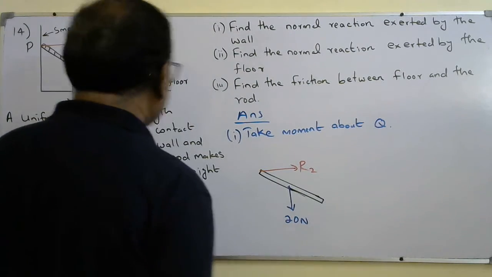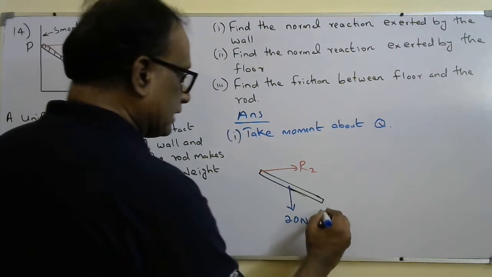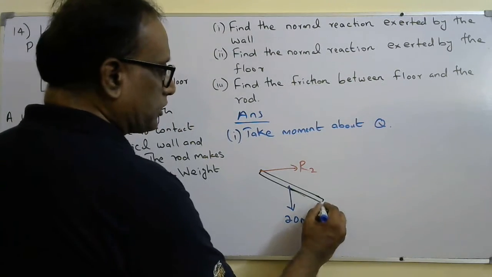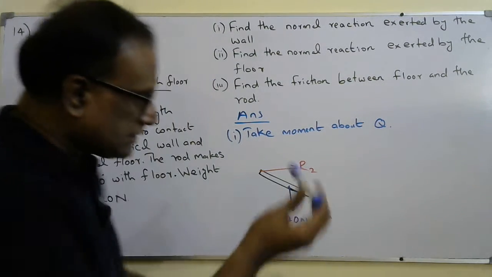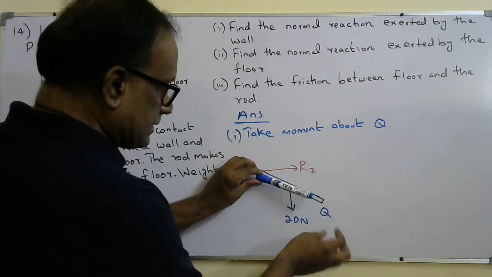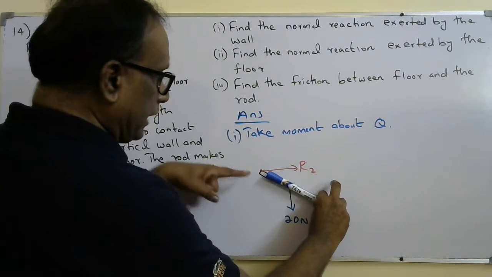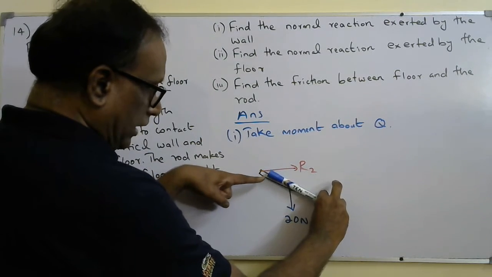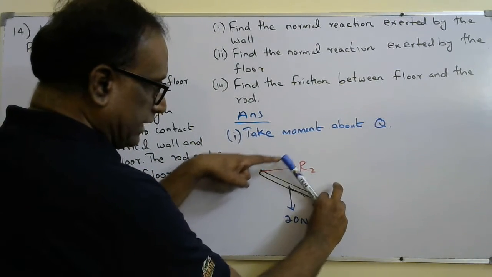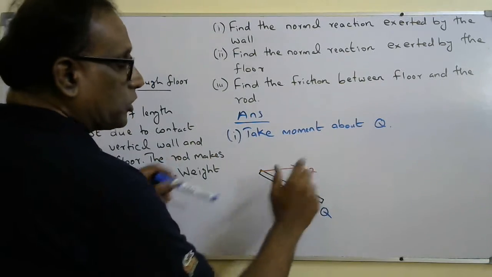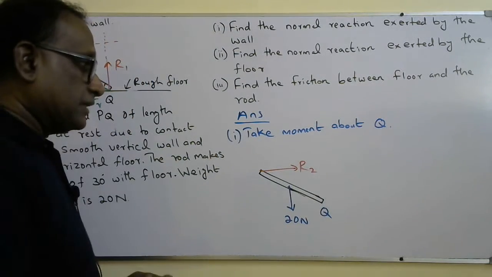I'm going to take moment about Q, this is the point Q here. Imagine the rod is kept like this. I'm taking moment about Q, so hold it at Q. If I apply force R2 here, it will rotate in clockwise direction. So R2 will produce a clockwise moment.